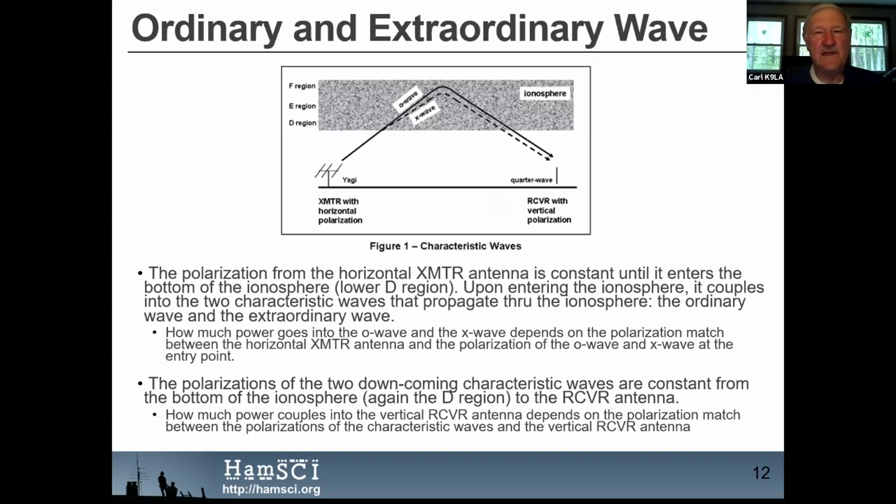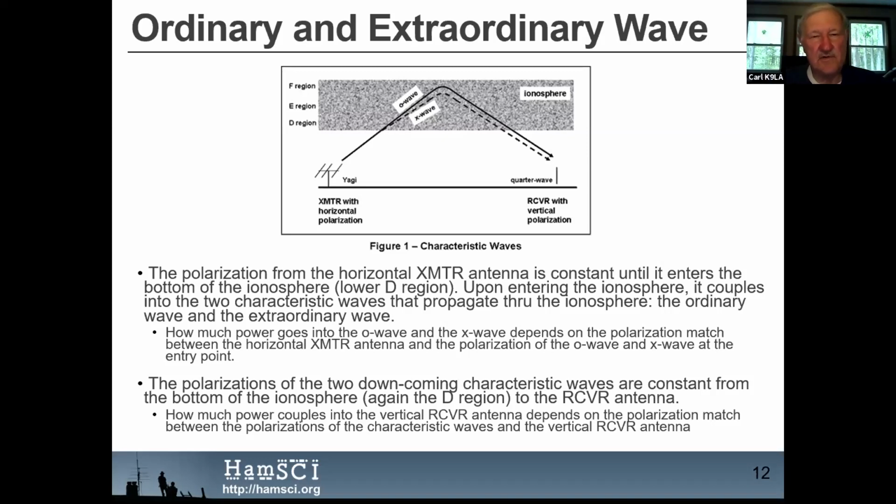Okay, the ordinary and the extraordinary wave. This came from Bill Lyles, NQ6Z, who asked if I'd show a good example of the difference between the ordinary and the extraordinary wave. Here's a little picture of what happens when we send our RF up to the ionosphere, whatever polarization we're using.